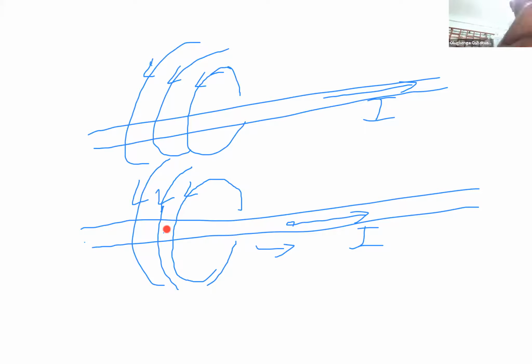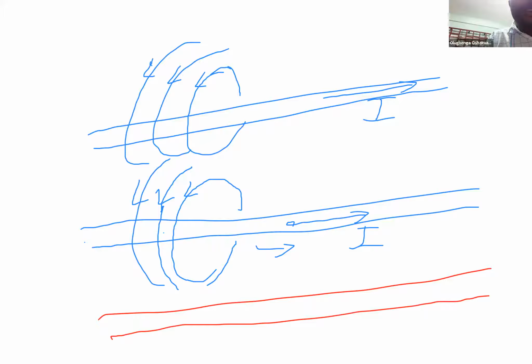And if the currents are traveling, let's say we have another wire here. Let's take another conductor, another current carrying conductor. In this case, current I is traveling in opposite direction to that of the blue ones. We would expect the direction of the magnetic field to be opposite.